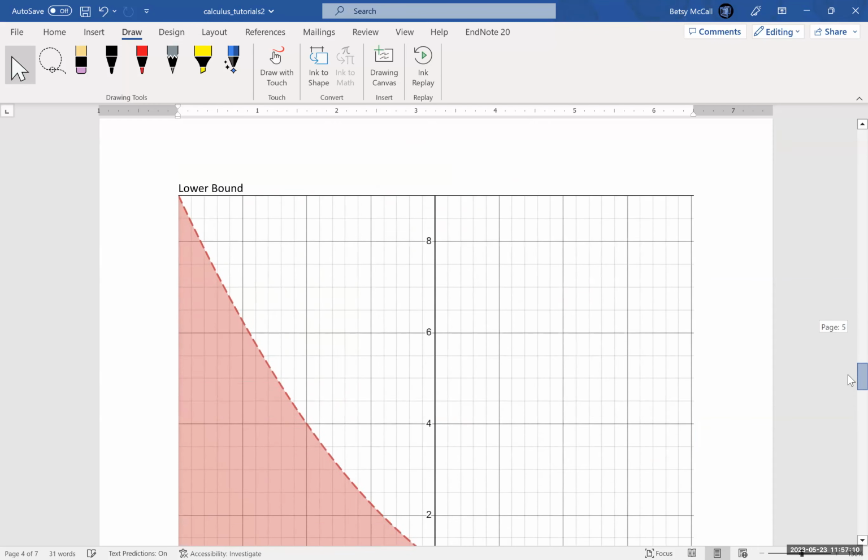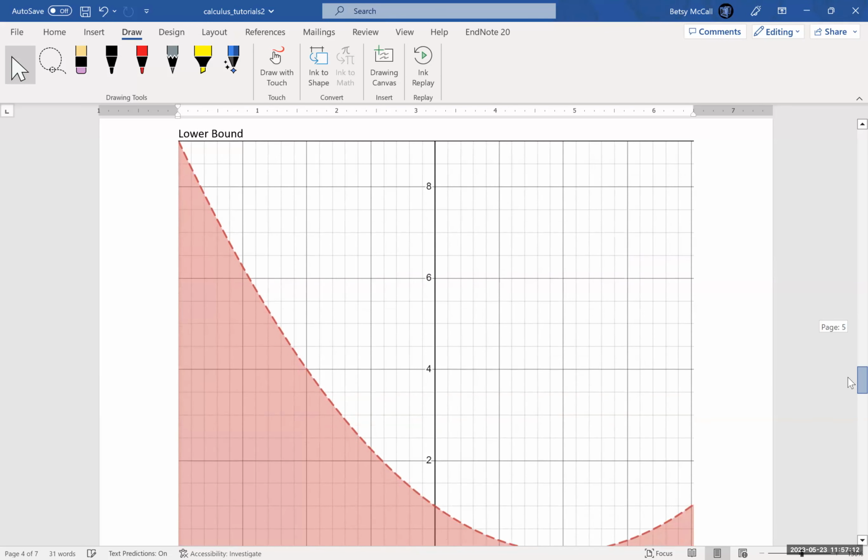And then finally, we have two other ones, the lower bound and the upper bound. Now, as we noted, if your graph is monotonic, then the lower bound will actually be the right-hand rule or the left-hand rule. And if your graph is not monotonic, then you have a different calculation strategy.